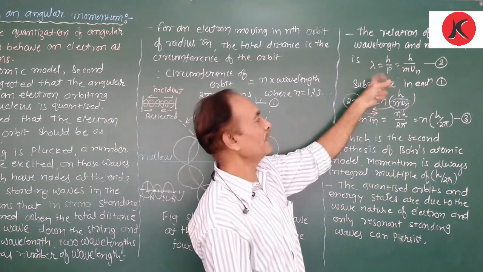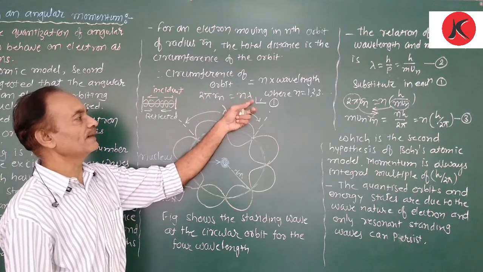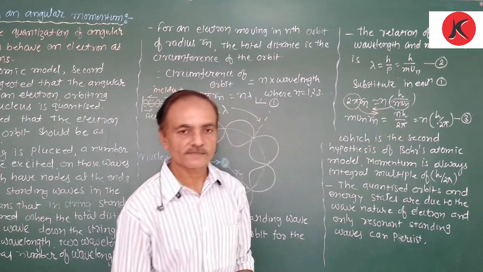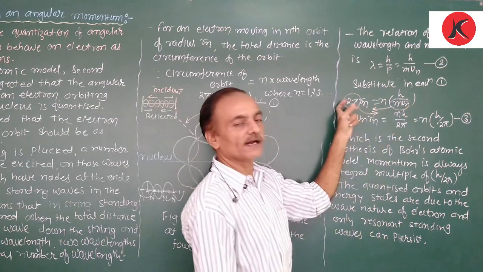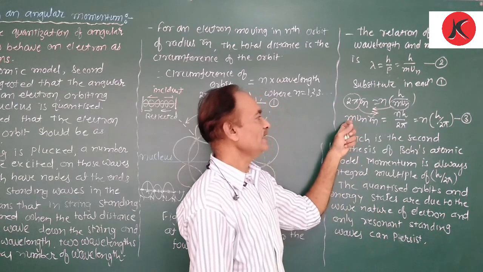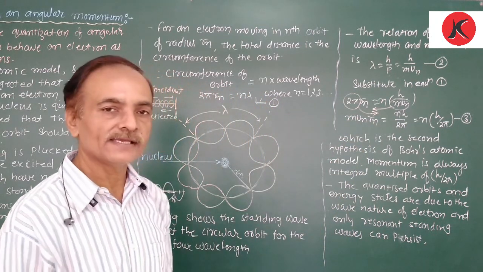Substitute this value of lambda in equation 1, 2 pi r is equal to n lambda, that means n into h upon m vn. Take m vn to the left-hand side and 2 pi to the right-hand side. Therefore, m vn into r is equal to nh upon 2 pi.